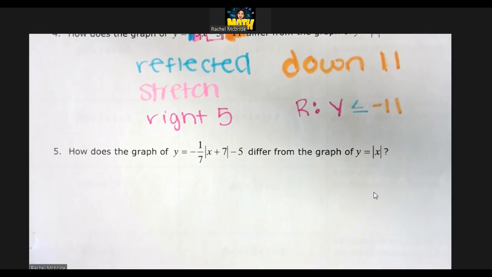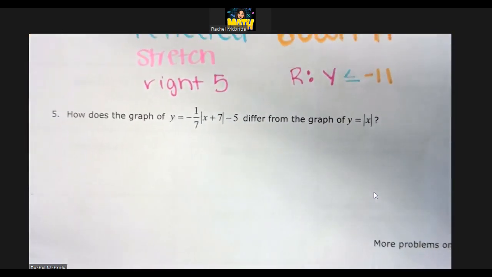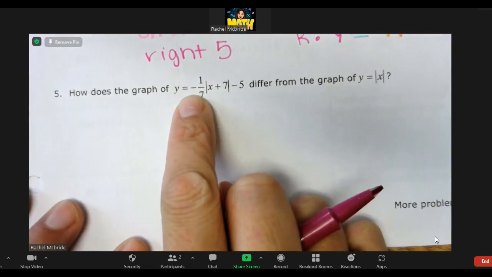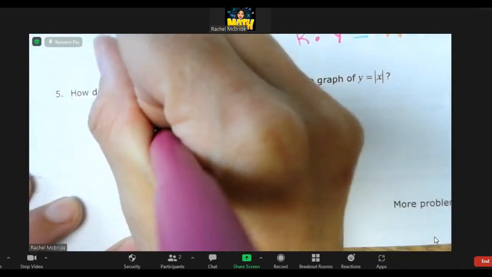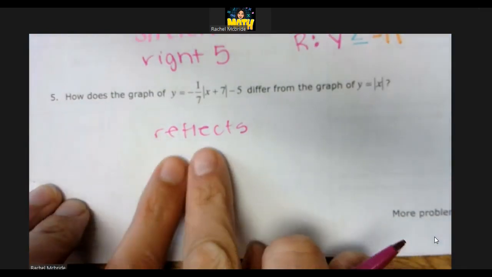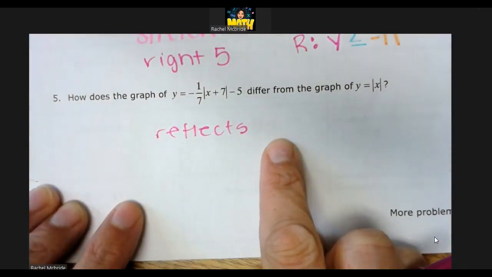Gross. All right, number 5. All right, as a group, as cohesively as possible, what does a negative do to the graph? The 1/7 is going to do what to the graph?